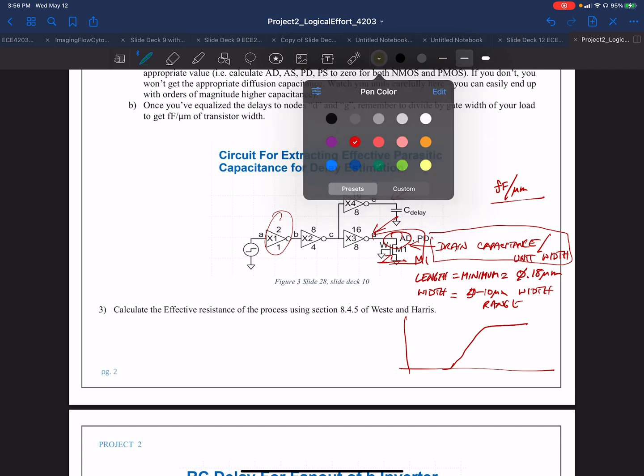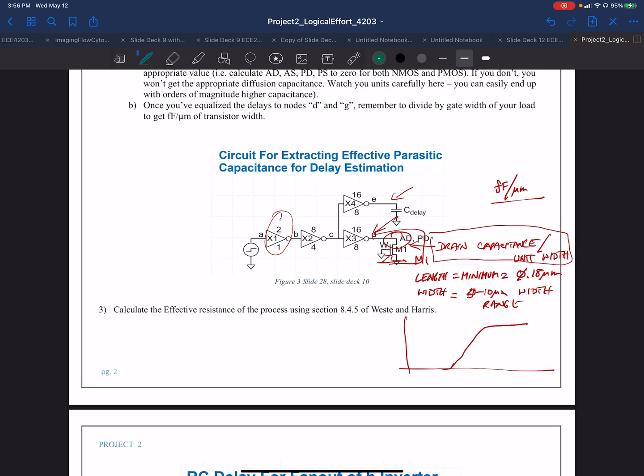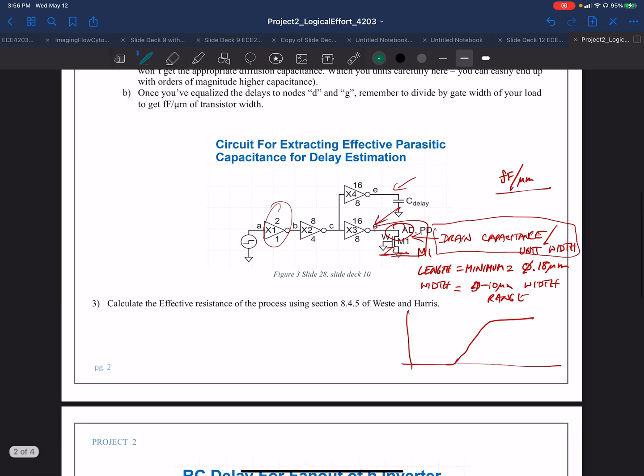So let's say the red would be D, and this would be the node E, so E and D. If these are a little slower, it's easier to eyeball them, trying to get them to match, as opposed to if they're both extremely sharp curves, which would be the case where your devices are pretty narrow.